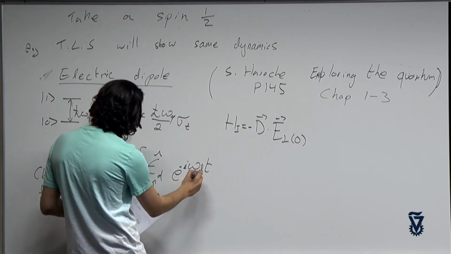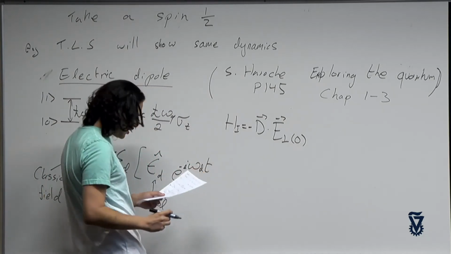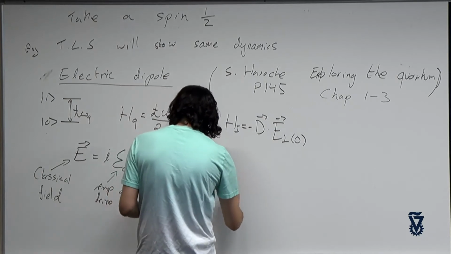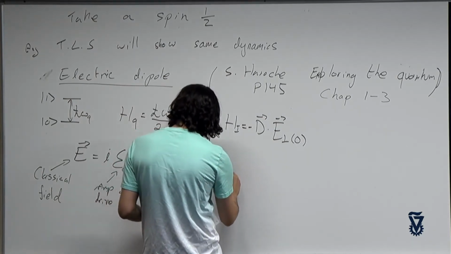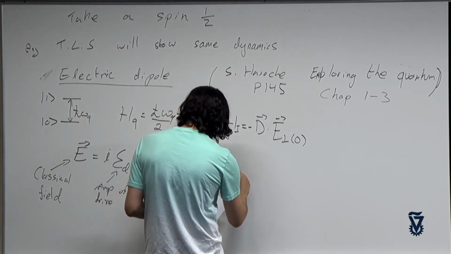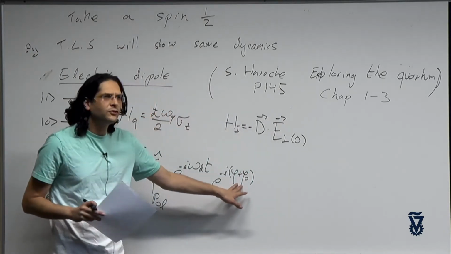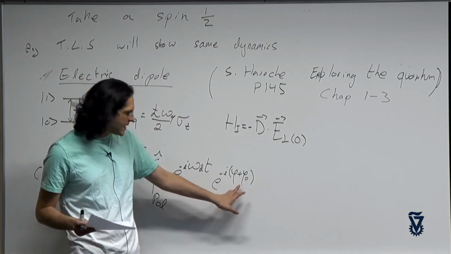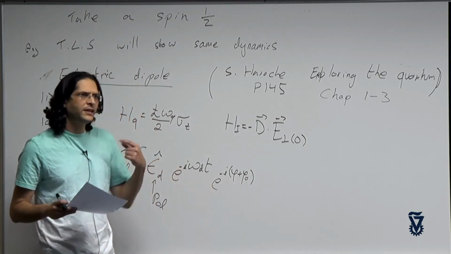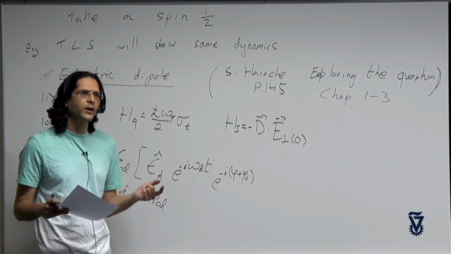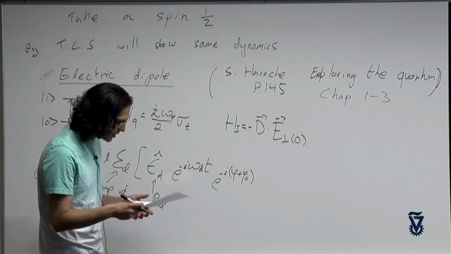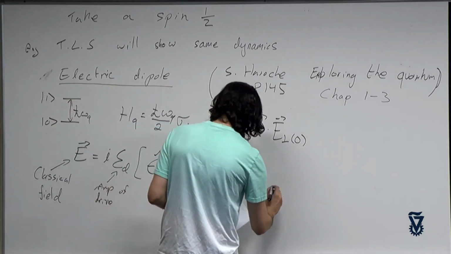So our field is going to be at some frequency omega drive, and it's going to have some phase e to the minus I phi plus phi naught. The separation into two different phases is just for convenience later, so we'll get a Rabi frequency that is real. Okay, so we can set the Rabi frequency to be real.